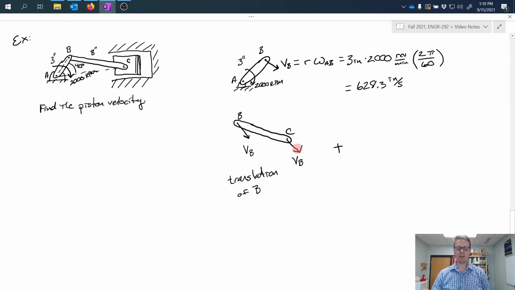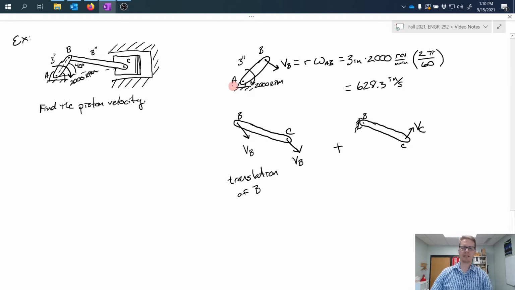So we have to fix that by rotating point C up and fixing point B such that we have a fixed axis rotation. Now, the velocity of point C in this case is no longer with reference to a fixed frame of reference.